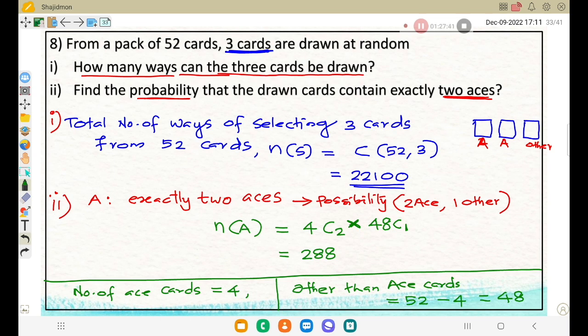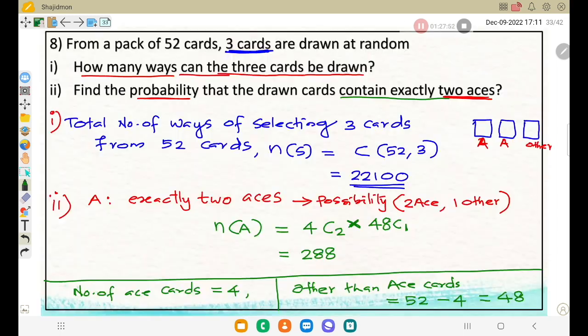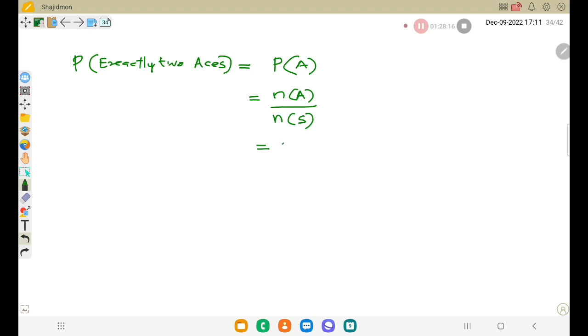Now we will go to the probability. Find the probability that the cards drawn have exactly 2 aces. Now we can calculate the probability of A, that means the probability of exactly 2 aces, which equals the number of elements of A divided by the number of elements of S. The number of elements of A is 288, divided by the number of S, which we got as 22100.